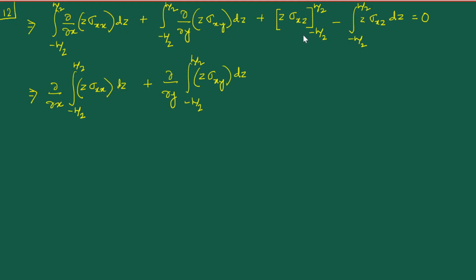You can look from the diagram that the only loading present is along the z direction. There is no shear there. The sigma xz represents the shear stress. We don't have any shear stress on the top surface and on the bottom surface, so these boundary terms are 0. We are left with just this.